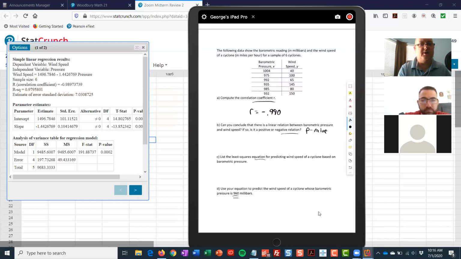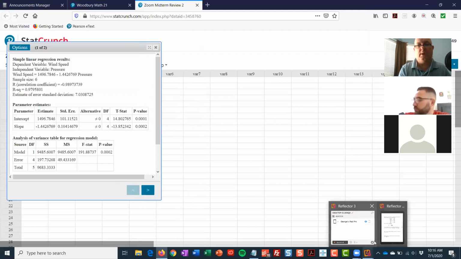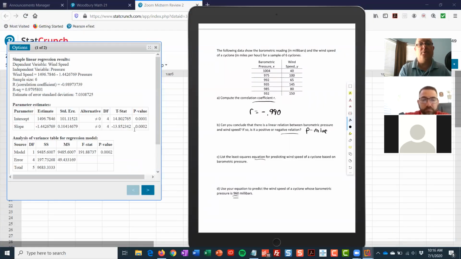I didn't make the window big enough. The p-value is just off the screen here. Let me make that a little wider. But the thing to remember is that the p-value is always the one that matches. It's the one in the slope row, but it also shows up down here as well. So the p-value is 0.0002.